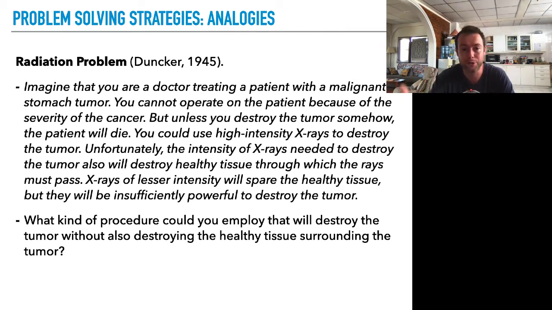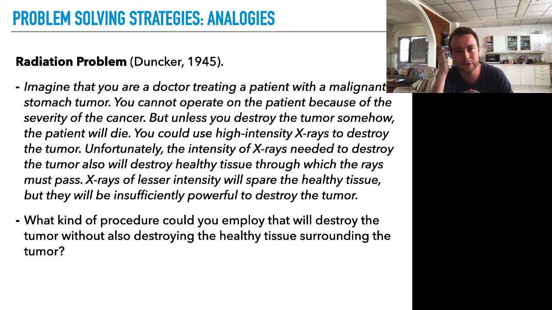But unless you destroy the tumour somehow, the patient will die. You could use a high-intensity X-ray to destroy the tumour, but unfortunately the intensity of the X-rays needed to destroy the tumour will also destroy healthy tissue through which the rays must pass. So X-rays of lesser intensity will spare the healthy tissue, but they will be insufficiently powerful to destroy the tumour.